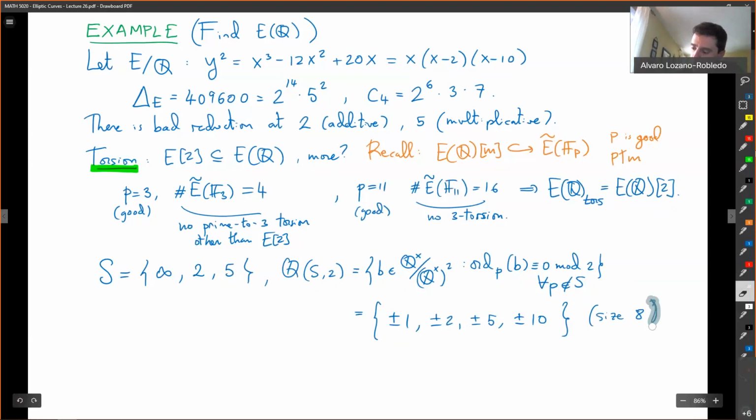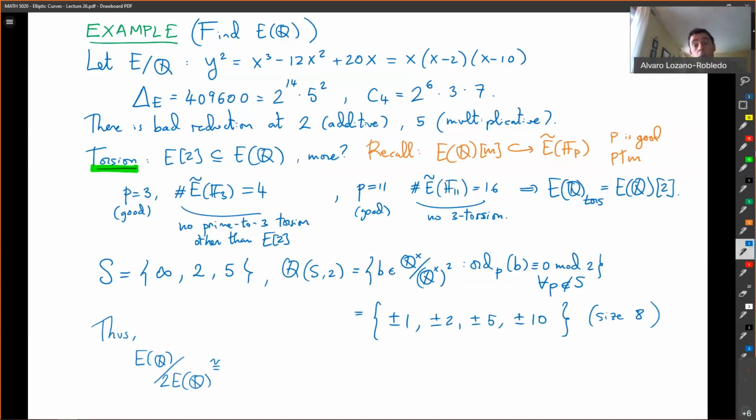Okay. So what does this tell me? Already, without any further computations, this tells me that the theorem of 2 descent tells me that EQ modulo 2EQ, which, by the way, by the Mordell theorem, I know it's the torsion modulo 2 times the torsion. Only the 2 torsion survives that.